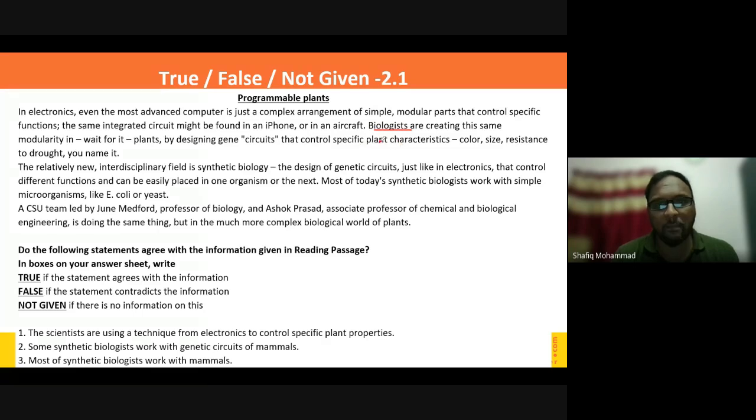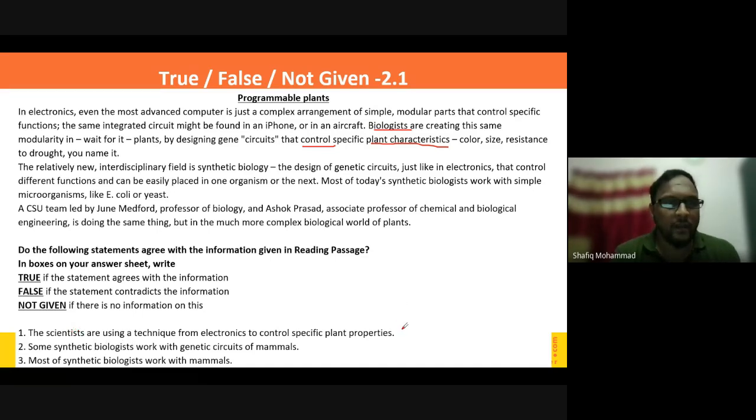So plant properties, which is there in the question, is equal to plant characteristics, right? So they're trying to control things. Even the control word is also there. So we got control, specific plant properties. Biologists are scientists, right? So definitely it is true. So the first answer is true, guys.